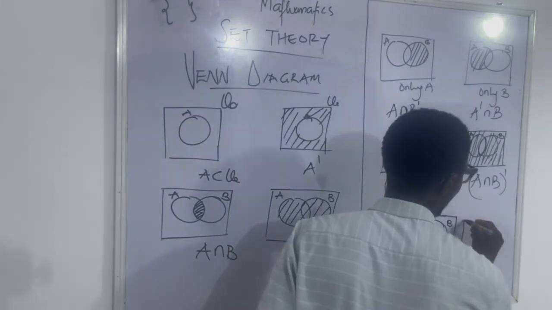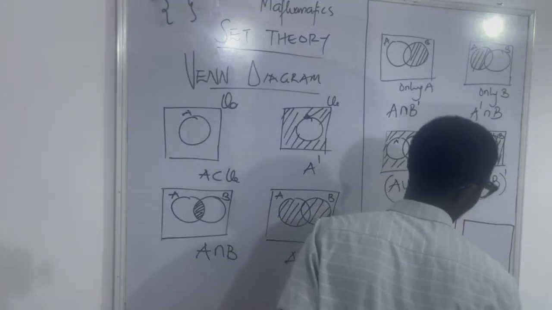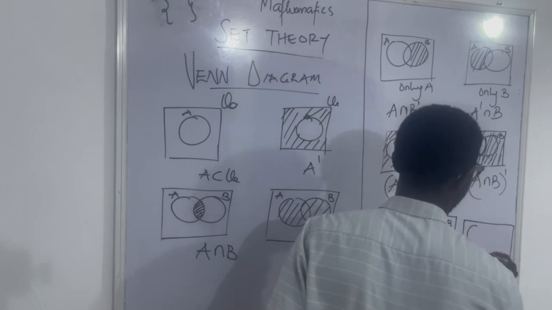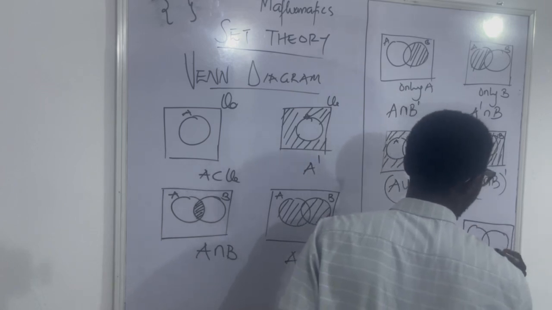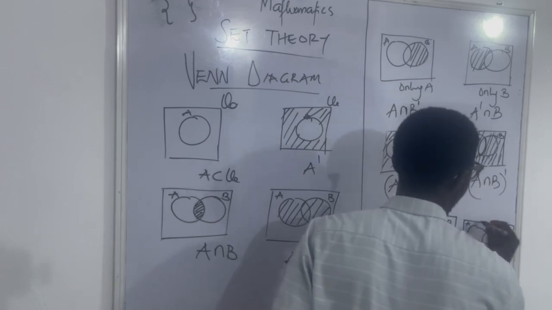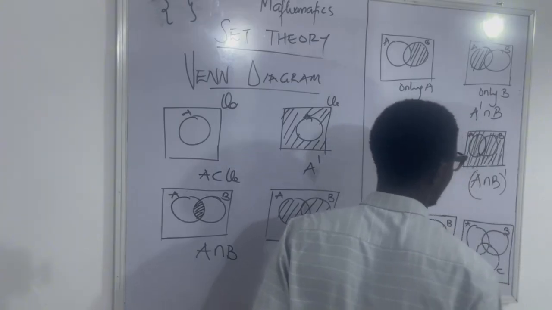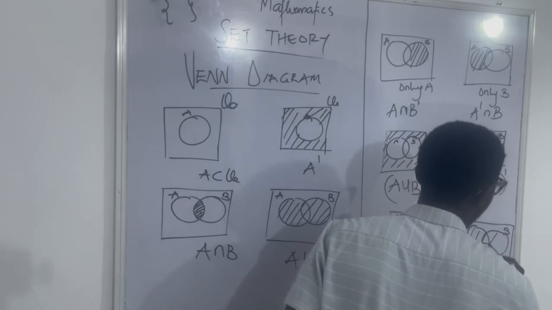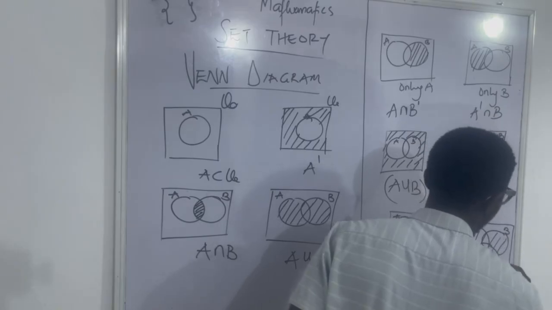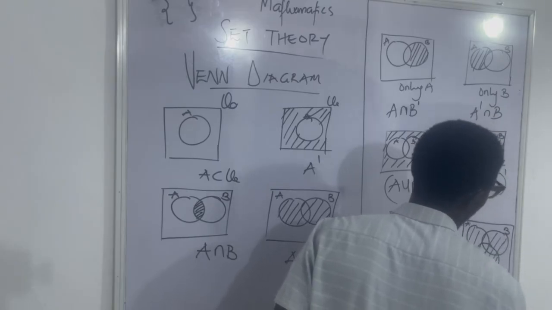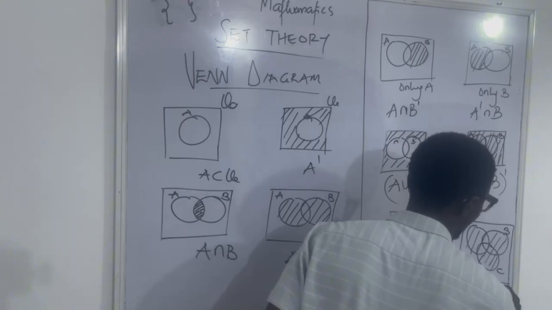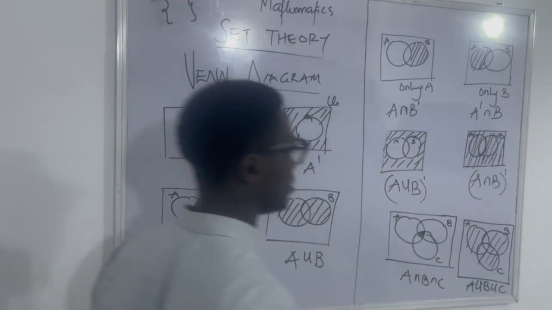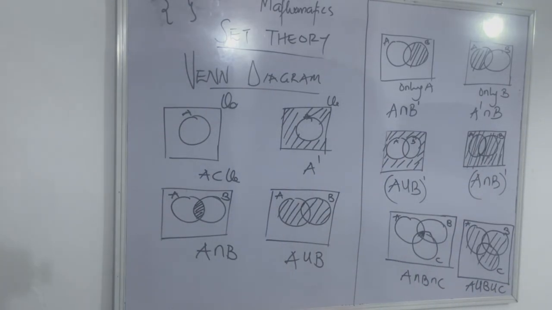So A, B, C. So this one is A union B union C. Those are the shaded parts.